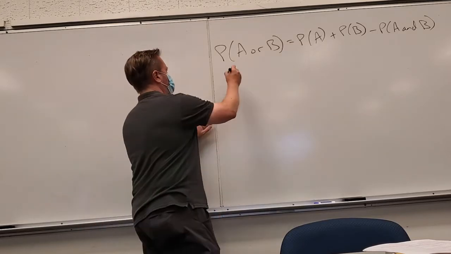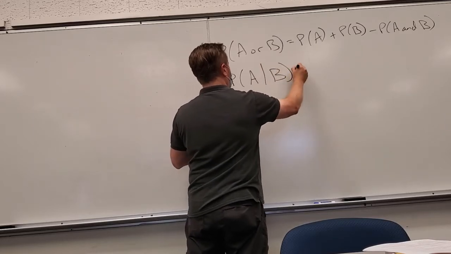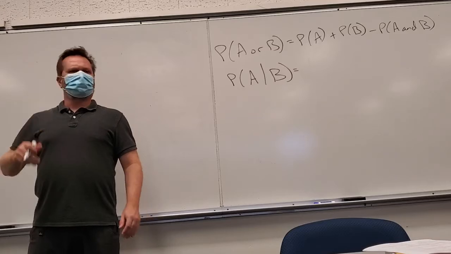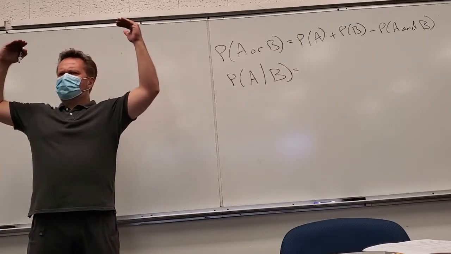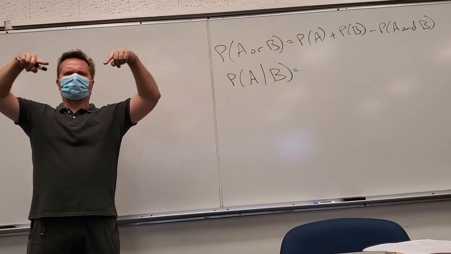And then, of course, we have the probability of A given B. Anybody remember what that is? It's the ratio of something.